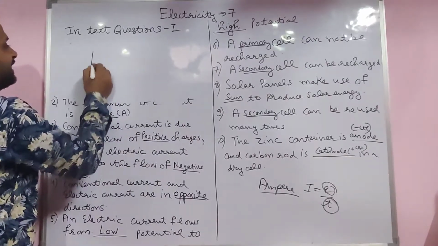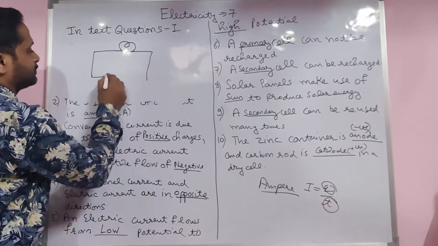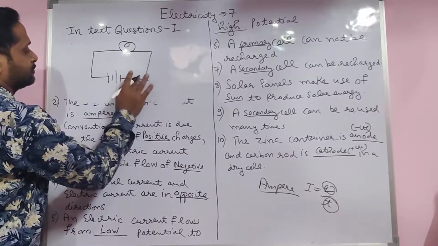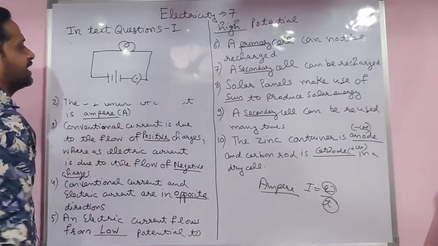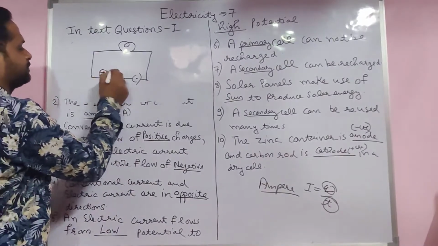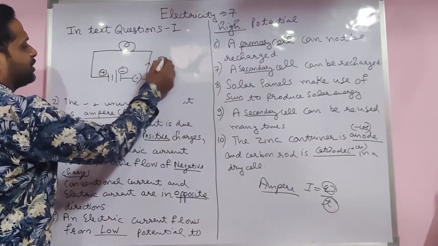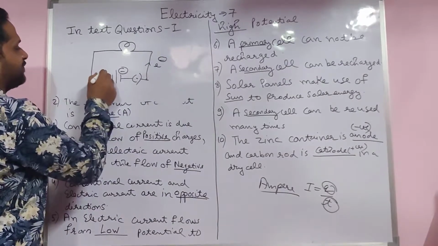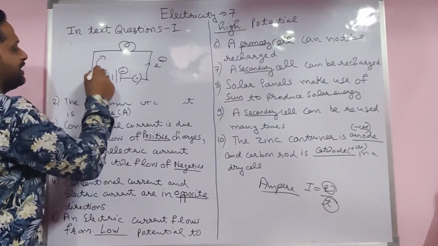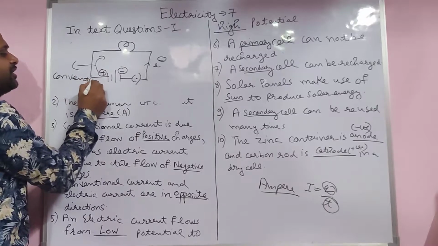You have one circuit diagram. Here the key is on, a closed circuit. You know electrons flow from here to here and positive charge flows on this side. Where the positive charge flows, that is called conventional current.